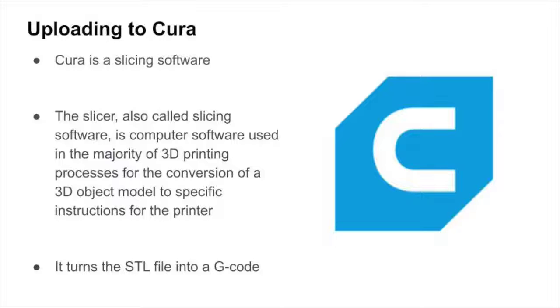Remember, Cura is a 3D slicing software that converts the STL file into specific instructions that your 3D printer will understand. The file conversion is called a G-code. So essentially, Cura converts your STL file into a G-code.